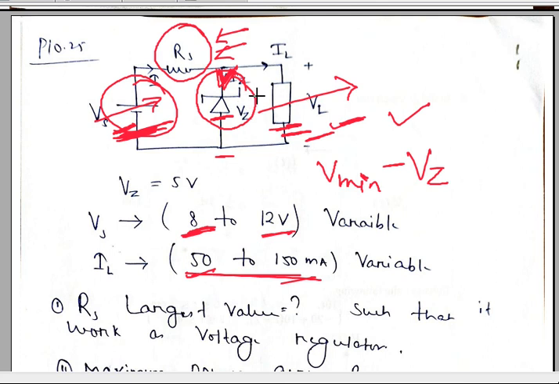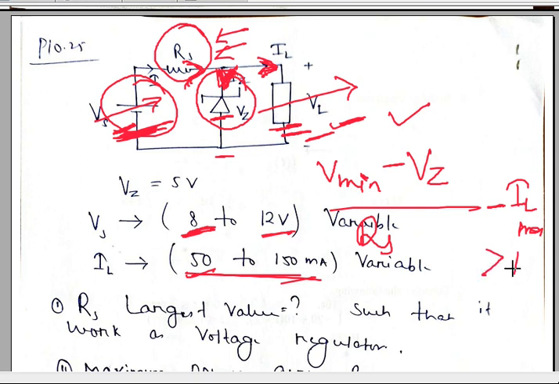Because this should always be in breakdown. That's why I am writing this current, basically V by RS, this is the incoming current, minus the load current, IL maximum, should be more than IZ minimum.